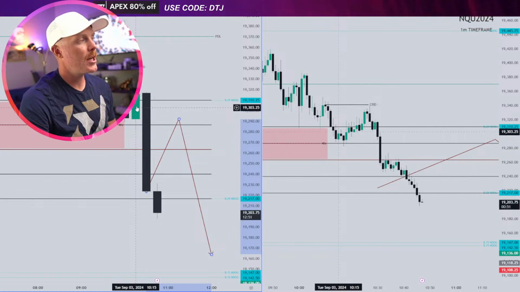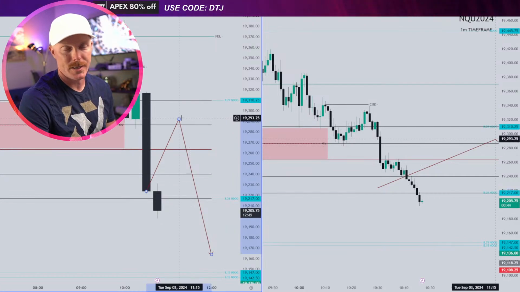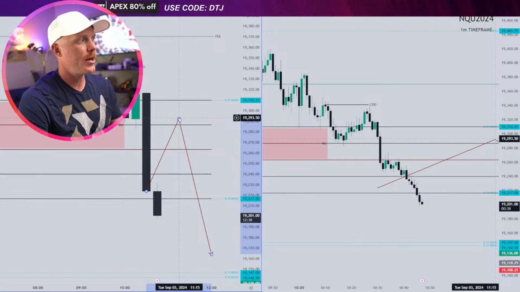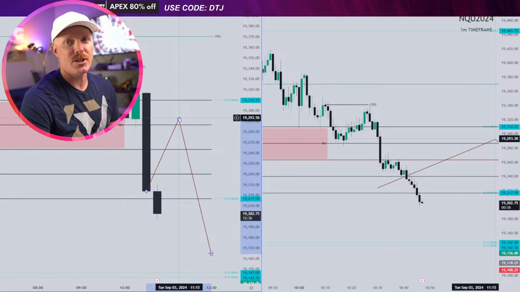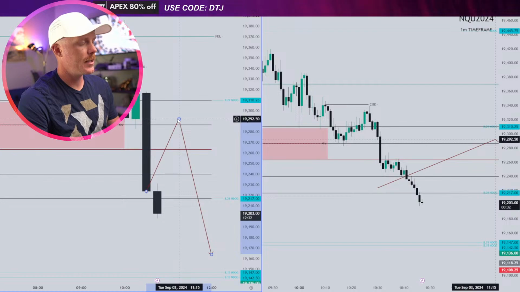So if smart money went short here, they probably are still expecting it to go lower if it comes back and retests it. It's giving those smart money traders another opportunity to get in short, to go lower. That is the significance of an order block.